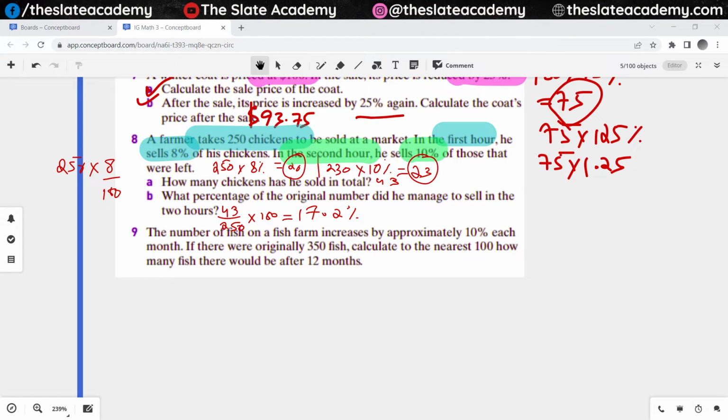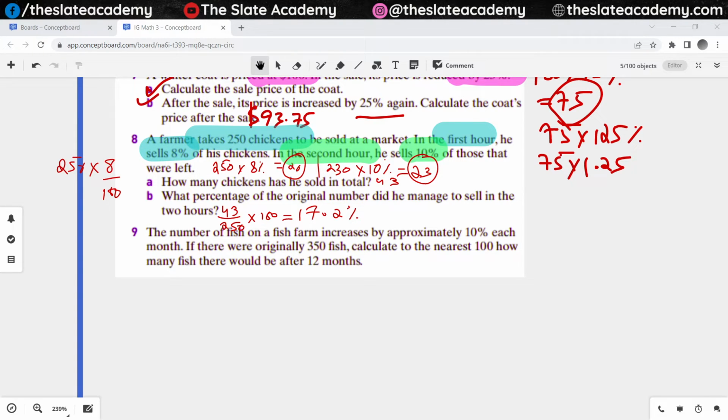20. So if he sells 20 chickens, how many does he have left now? 250 minus 20 is 230. So he has 230 left now. Out of those 230, how many does he sell? 10%. What's 10% of 230? 23.